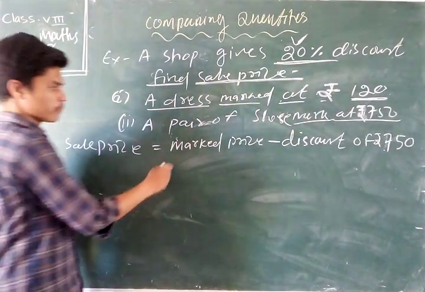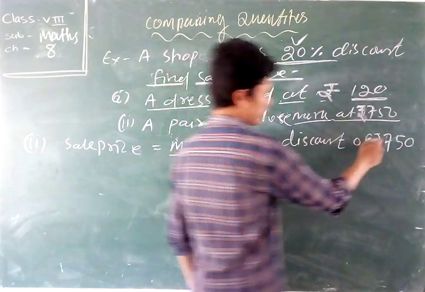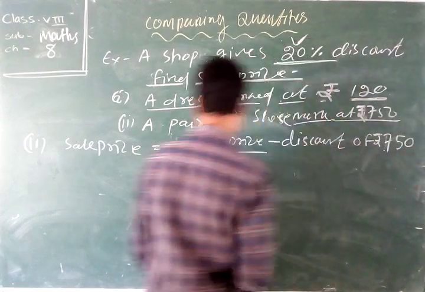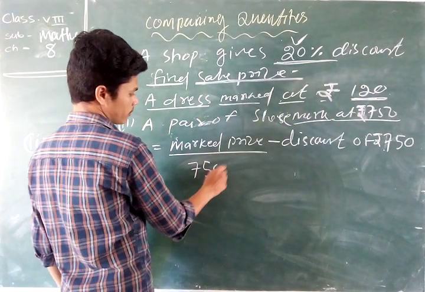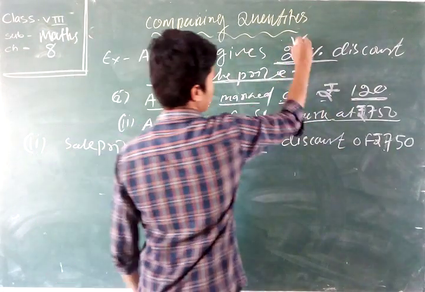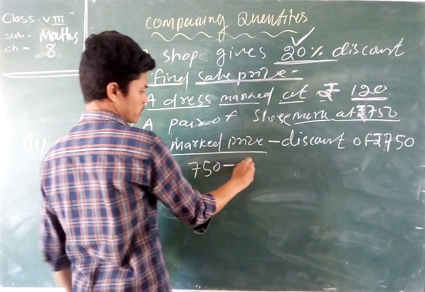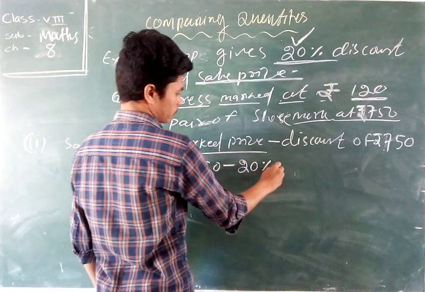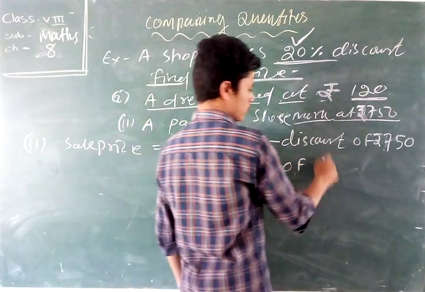Now what is the mark price? The mark price is 750, so we write 750 here. Discount is 20% of 750.